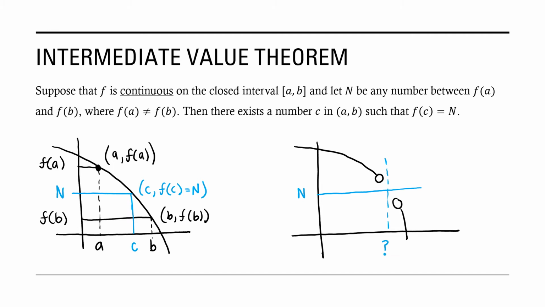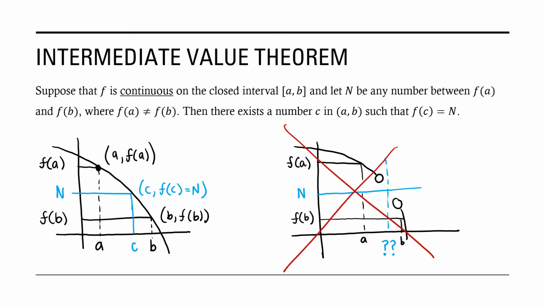So there actually isn't a c that makes that true. Even if you have an f of a and an f of b, if you're not continuous, this isn't going to work. So we really, really need that continuity in order to use the intermediate value theorem.